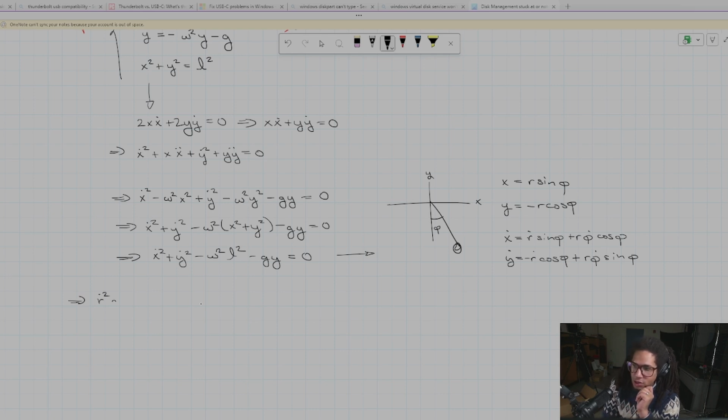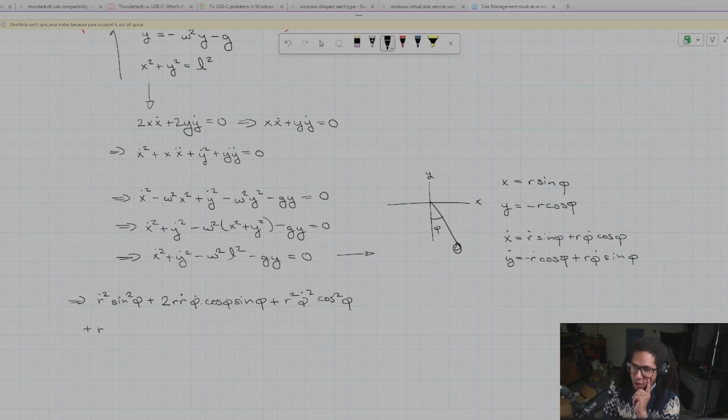I'm going to get r dot squared sine squared phi plus, now the cross term here, 2 r dot times phi dot times cos phi sine phi, then plus r squared phi dot squared cos squared phi. Okay, that's my x dot squared.